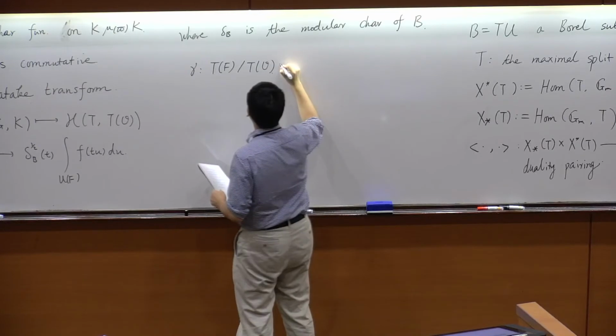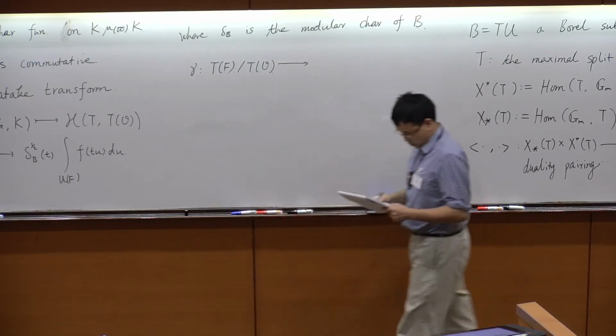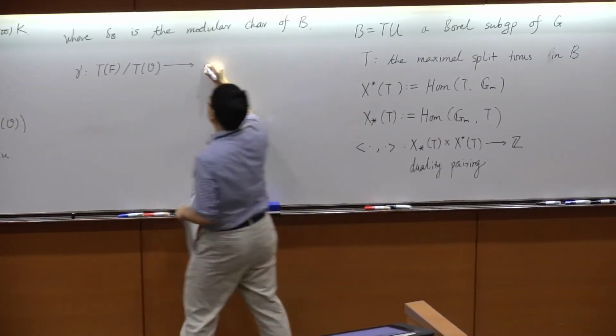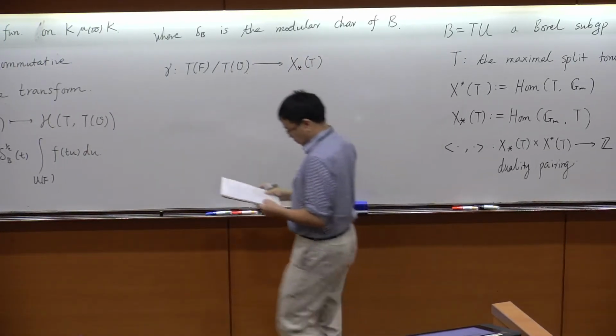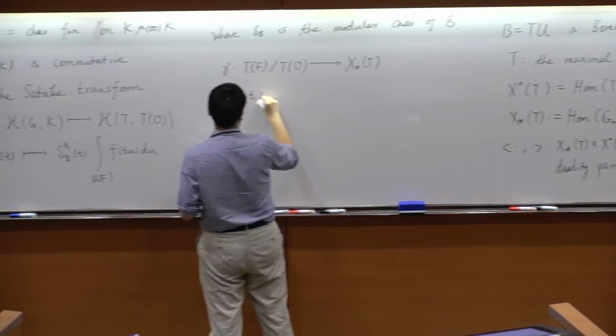And we have a very natural map from here to the co-characters. Let me show you the map we used here.